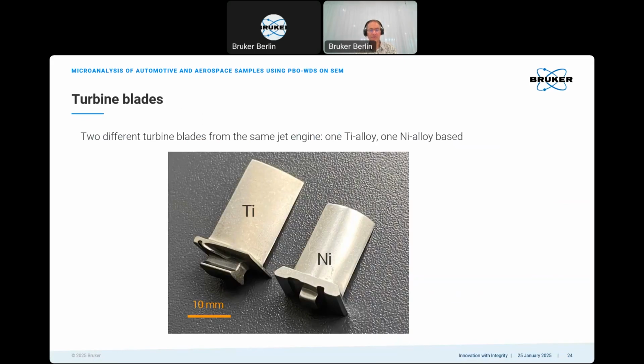Here we have received 2 blades which were said to be from the same jet engine. One is a titanium-based alloy and one is a nickel-based alloy. They are quite small, about 2.5 centimeters long, and this about 2 centimeters.